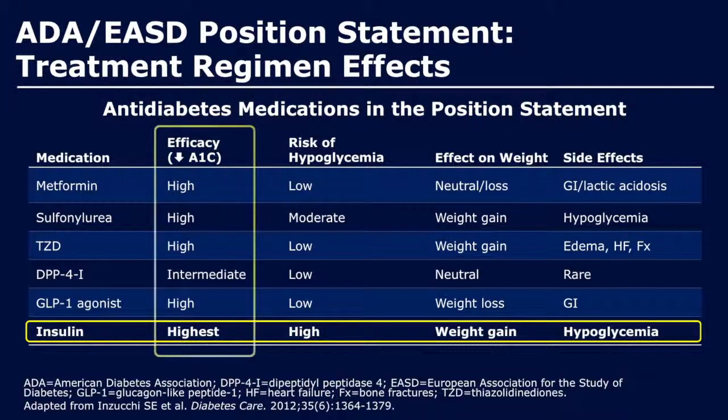The guidelines suggest the glucose-lowering effectiveness of non-insulin pharmacological agents is high for metformin, sulfonylurea, TZDs, and GLP-1 agonists with an expected A1C reduction of approximately 1% to 1.5%. DPP-4 inhibitors have an intermediate glucose-lowering effect as they reduce A1C approximately 0.5 to 1%. Insulin is associated with the greatest expected decrease in A1C.